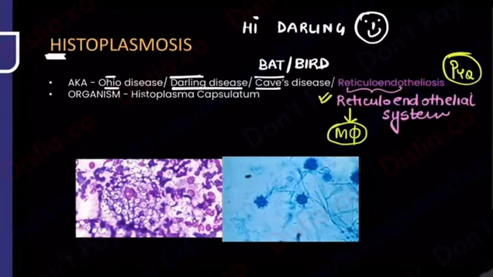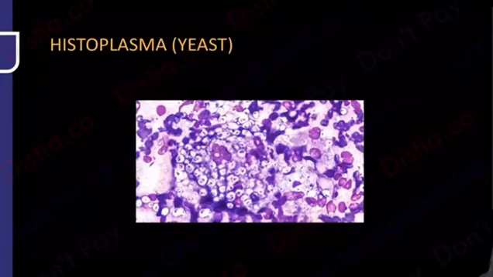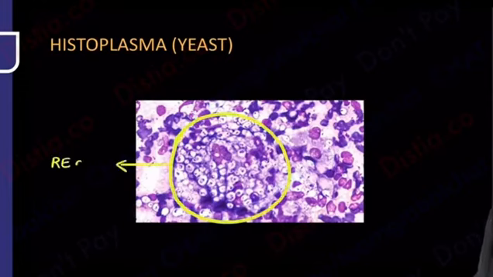Now, it's a dimorphic fungus, meaning I have a yeast form and a mold form. Let's look at both of these. We'll zoom into this picture first, because this is the yeast form. And where is the yeast form going to be present? Inside a macrophage. This big cell that you see out here is the reticuloendothelial cell, or in simple words, a macrophage.